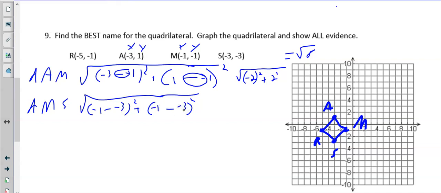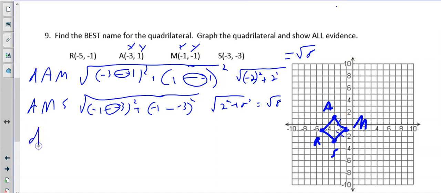So this will be nice and easy. This is going to give you the same thing. So this becomes -1 plus 3, so that's going to be 2 squared. Oh, isn't that nice? So it's 2 squared plus 2 squared, which is 4 plus 4, which is radical 8. So we've proven these two sides are congruent.